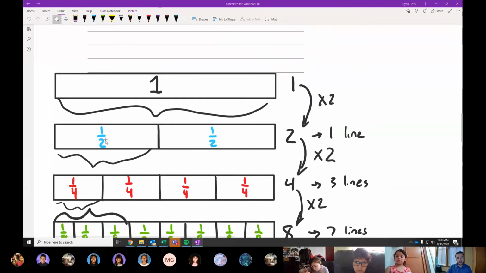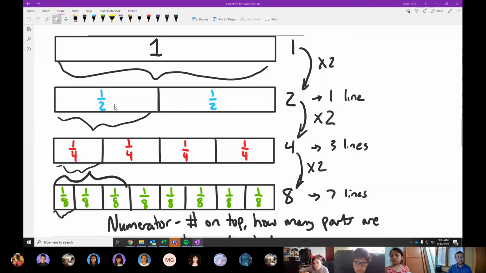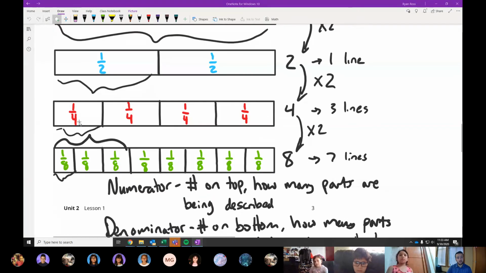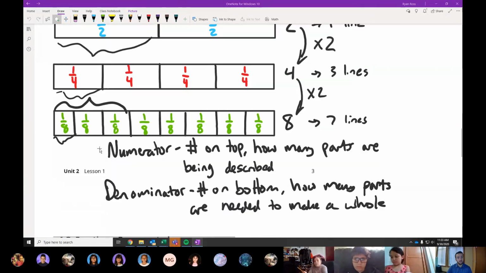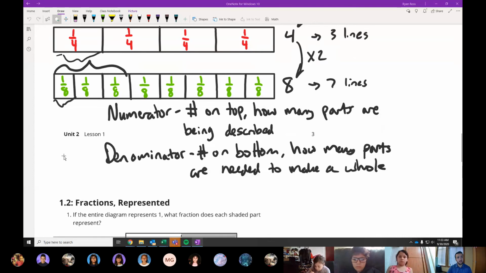So if we're working with a half, that 2 on the bottom tells us there are 2 pieces that make the whole. If we're working with 1/4, that 4 in the denominator spot shows that there are 4 pieces needed to make the whole. The 8 on the bottom in 1/8 tells us that there are 8 pieces needed to make the whole. Okay, so that's numerator and denominator.